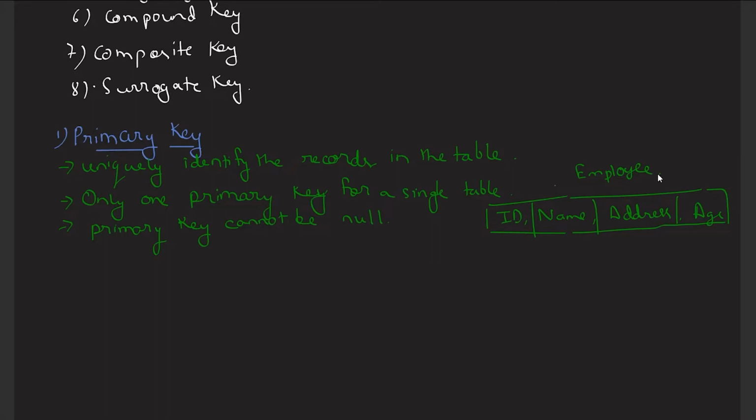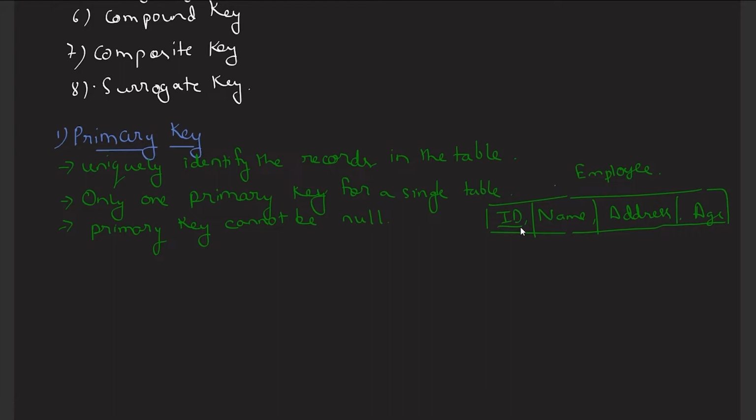Now for the employees information table, all the employees have name, address, age, and ID. Now it may be possible that 2 employees have same name. It may be possible that 3 of them belong to the same address and some of them have the same age. Now there will be something that will be unique to all of the employees, and that something is employee ID. So ID is unique for every employee in the company. So we can take ID as the primary key.